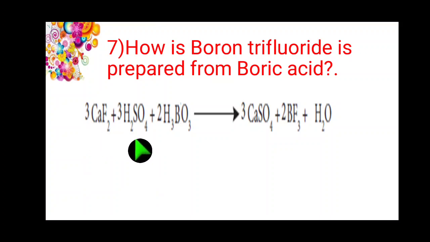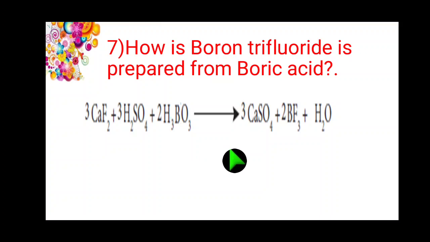Now calcium and fluorine are both balanced, right? Calcium left side 3, right side 3. And sulfur, left side 3, right side also 3. Then boron, left side 2, right side 2.